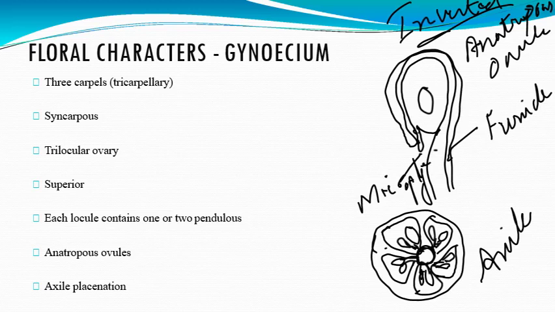So in such a case, we call the ovary superior. So basically in Euphorbiaceae family, we have a hypogynous flower in which ovary is superior.